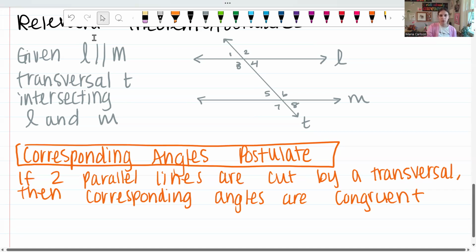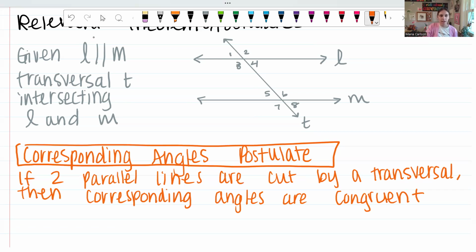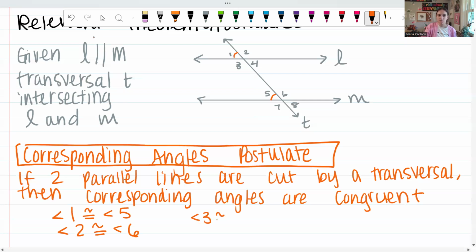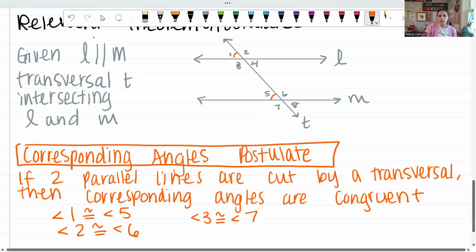So using the corresponding angles postulate, I can say angle 1 is congruent to angle 5. I can say angle 2 is congruent to angle 6, since they are corresponding. Angle 3 is congruent to angle 7. And angle 4 is then congruent to angle 8.